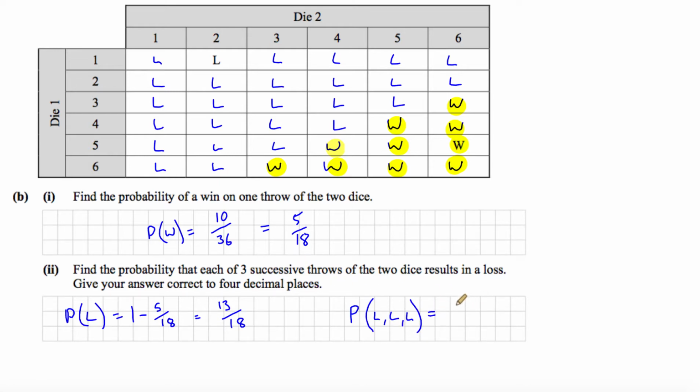So that's going to be 13 over 18 by itself 3 times, because the events are independent. One has no effect on the other. So that's 13 over 18 to the power of 3, in other words.